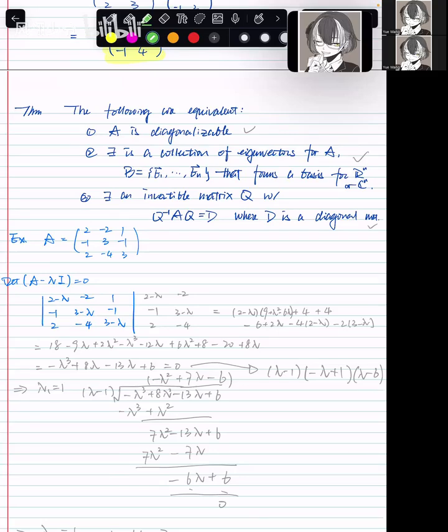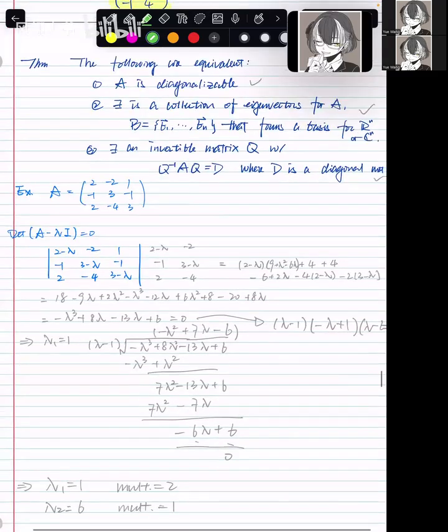Second one is there exists a collection of eigenvectors for A, and those eigenvectors b1 through bn form a basis, capital B, for the space Rn, or Cn. And the third statement is there exists an invertible matrix Q with Q inverse A Q equals D, where D is a diagonal matrix.